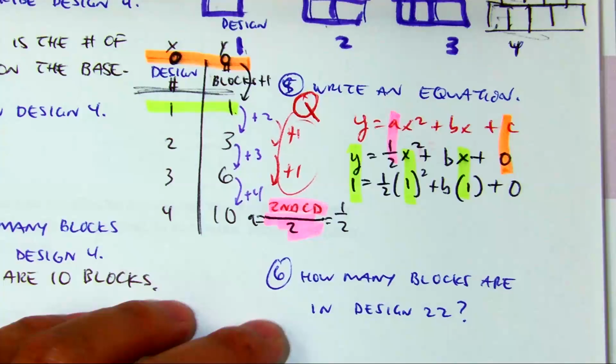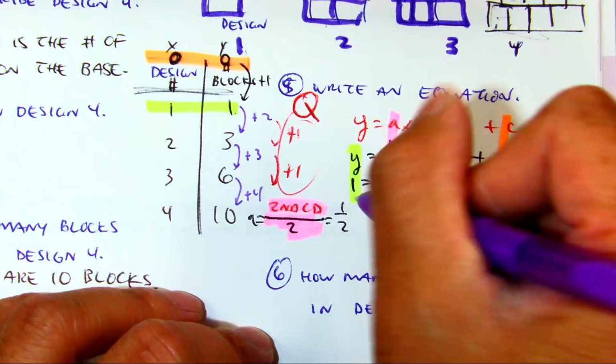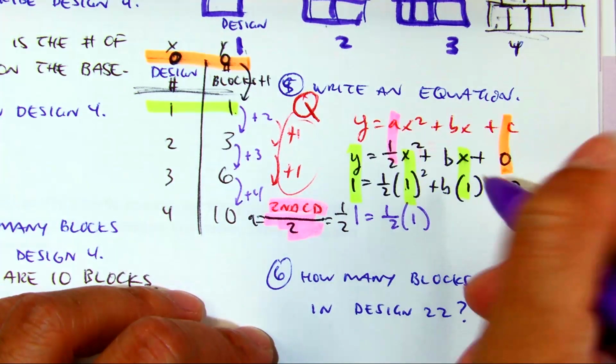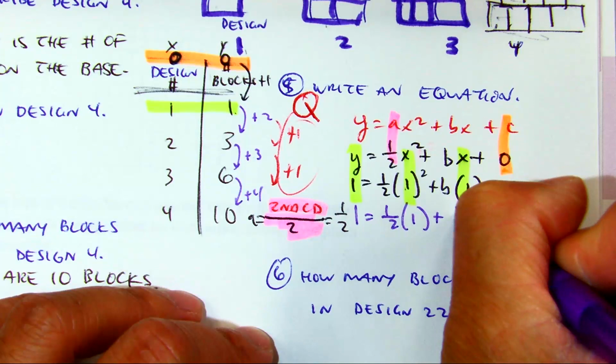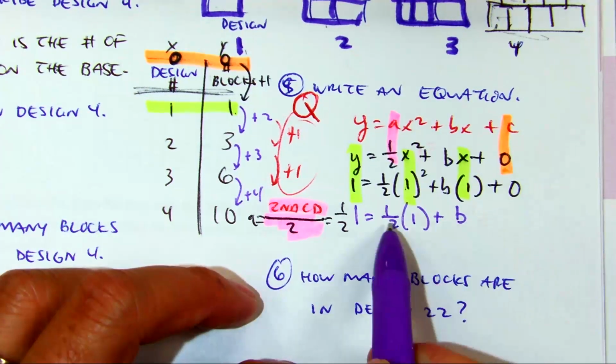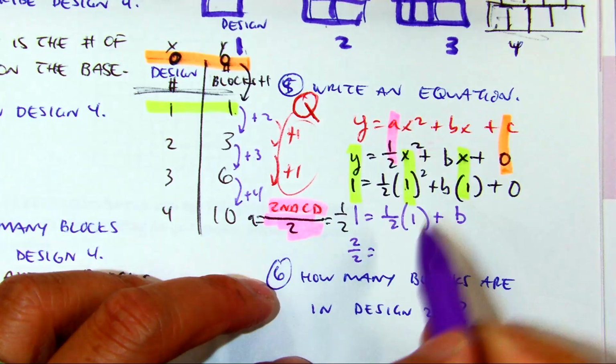And then we just simplify this. Class, what's 1 squared? 1. 1 times b? B. I don't have to write a 0. 1 times 1/2? 1/2.